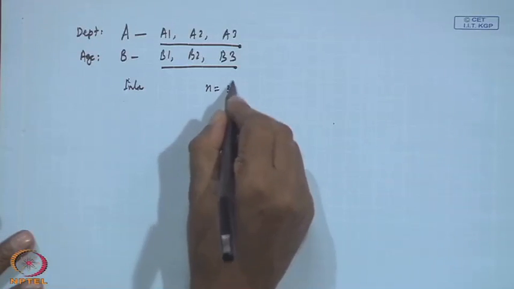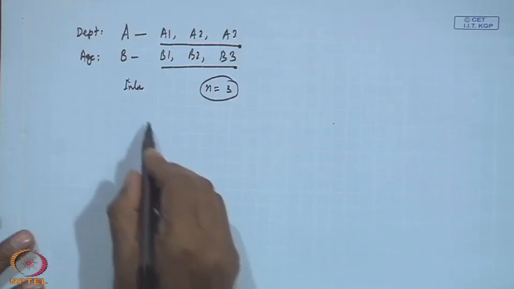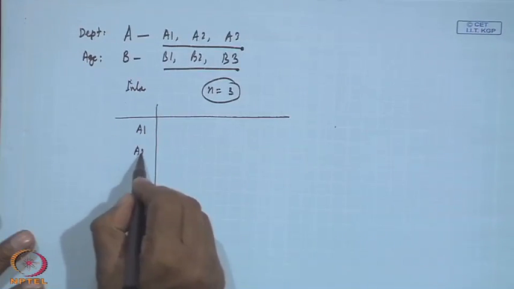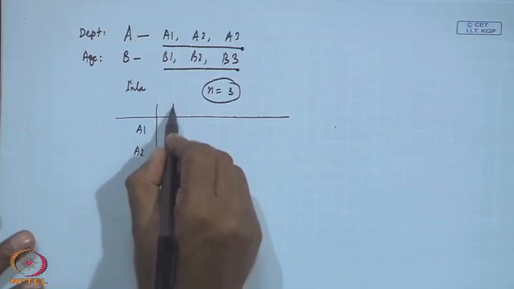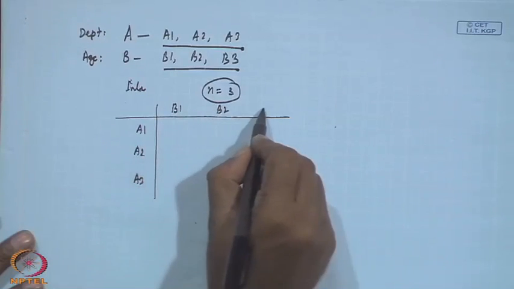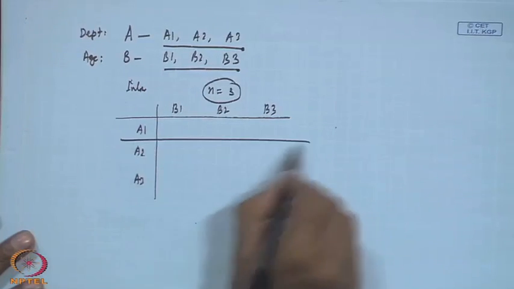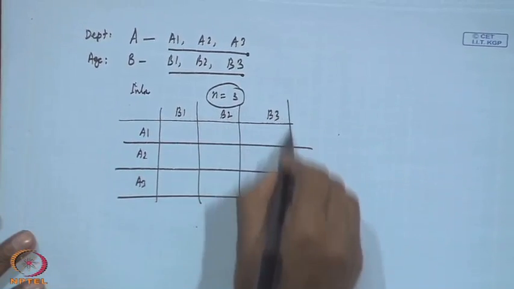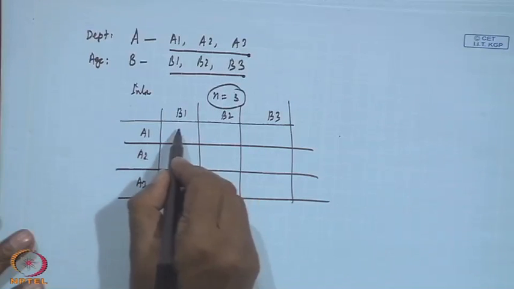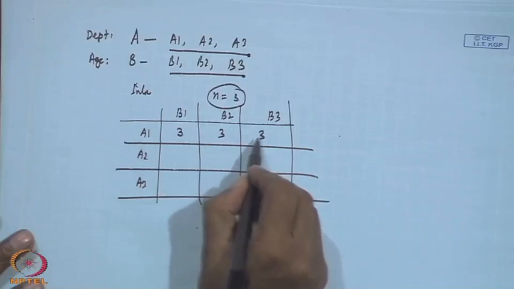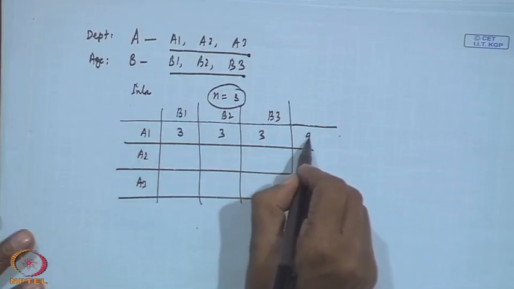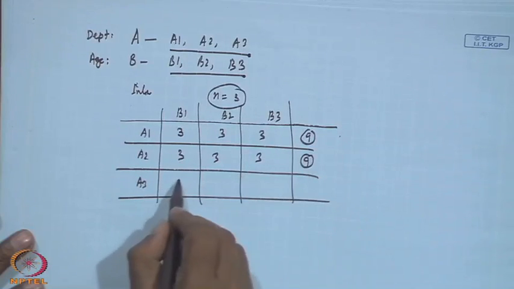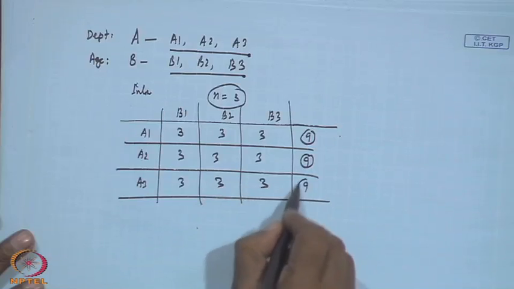So, here n equals 3, and our 3 departments are A1, A2 and A3, and 3 age groups B1, B2 and B3. Okay. So, here 3 data points in each cell. That means across A1 your data points are 9 (3, 3, 3), this also 9, this also 9.